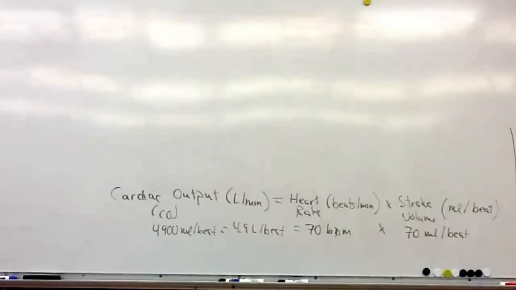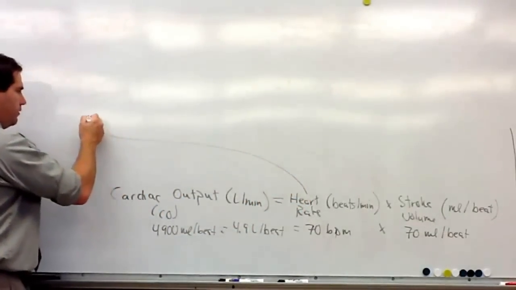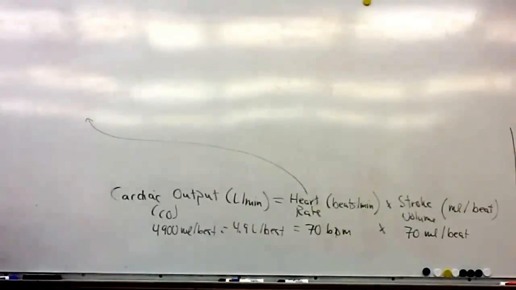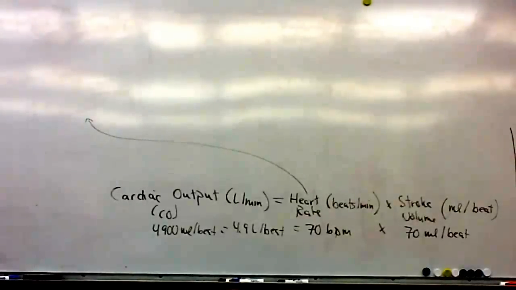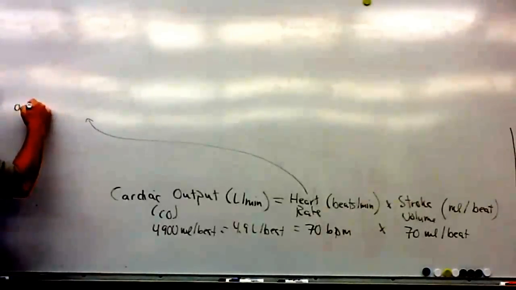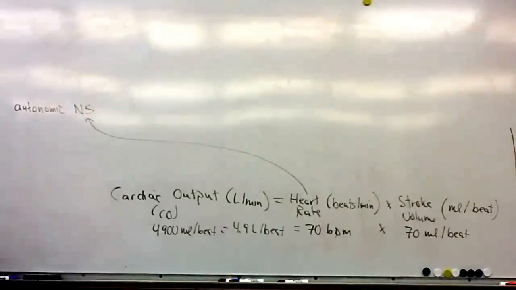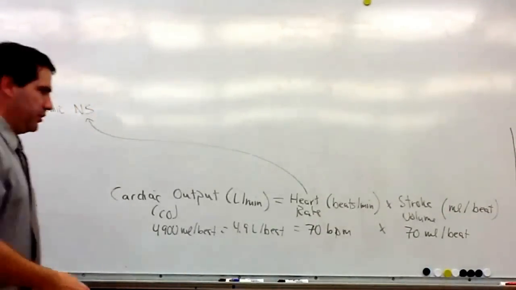Where we're going with this, though, is we want to talk about what goes into this control of heart rate. And your heart rate is mainly controlled by the autonomic nervous system. And remember, the autonomic nervous system has two branches.